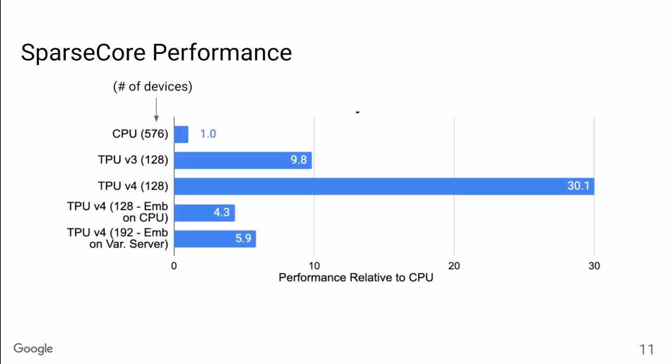The whole purpose of the Sparse Core performance is so that we can process embeddings much more quickly than either a sequential processor like a CPU or a dense matrix multiply unit like a Tensor Core. And so here, for Sparse Core, there are 128 of the Sparse Core engines on the device, and those can get 30x the performance of a CPU and also significantly higher performance, 3x higher than on the previous generation TPU V2.